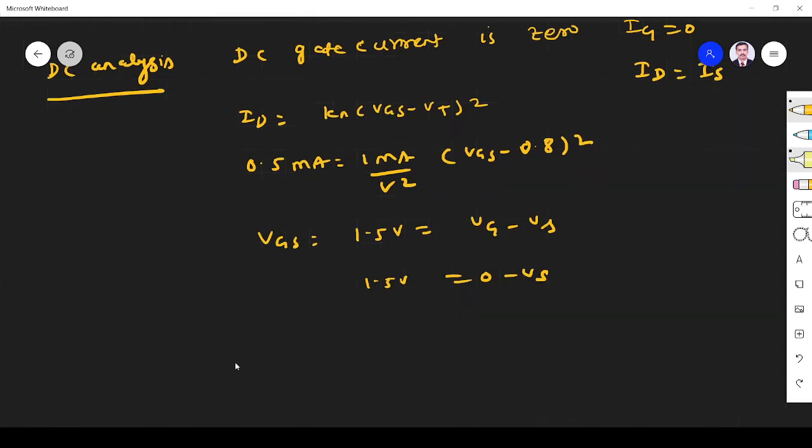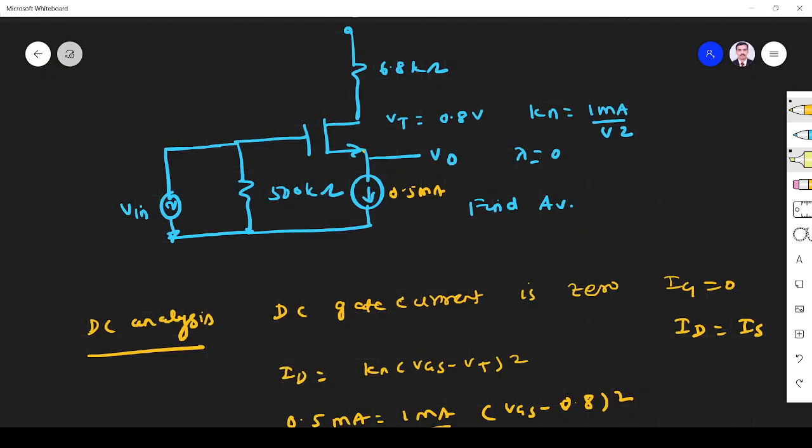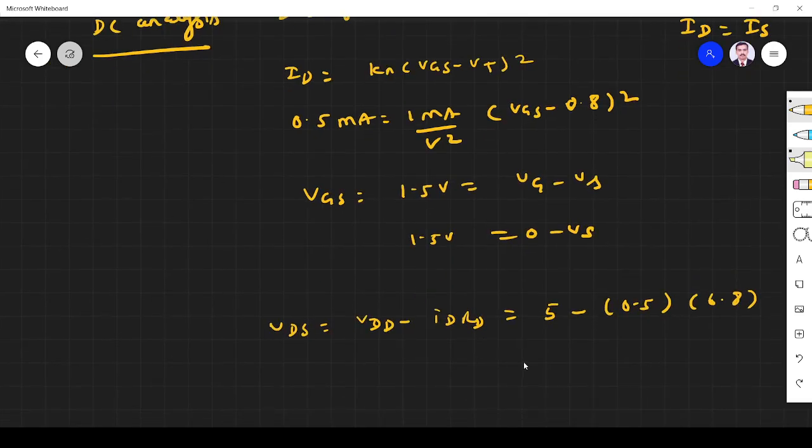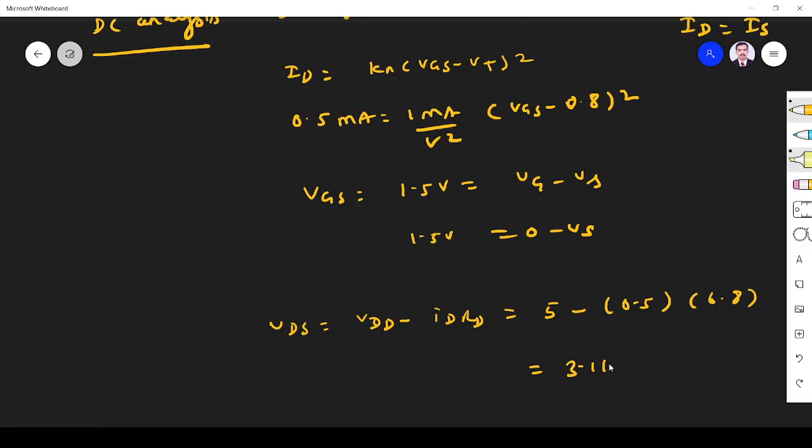Okay, so next VDS. VDS is equal to VDD minus ID RD. VDD is 5 from the circuit. ID 0.5 milliampere, they are given. RD is 6.8 kilo ohm. So when you simplify this, what you get is 3.11 volt. This is VDS.